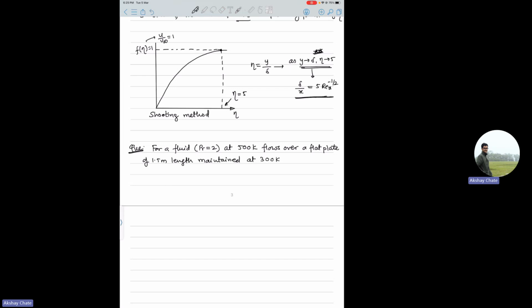So your plate is colder than the fluid. The flow velocity is 10 meter per second. So this is your U infinity. Assuming kinematic viscosity, which is nu, this value is directly given.